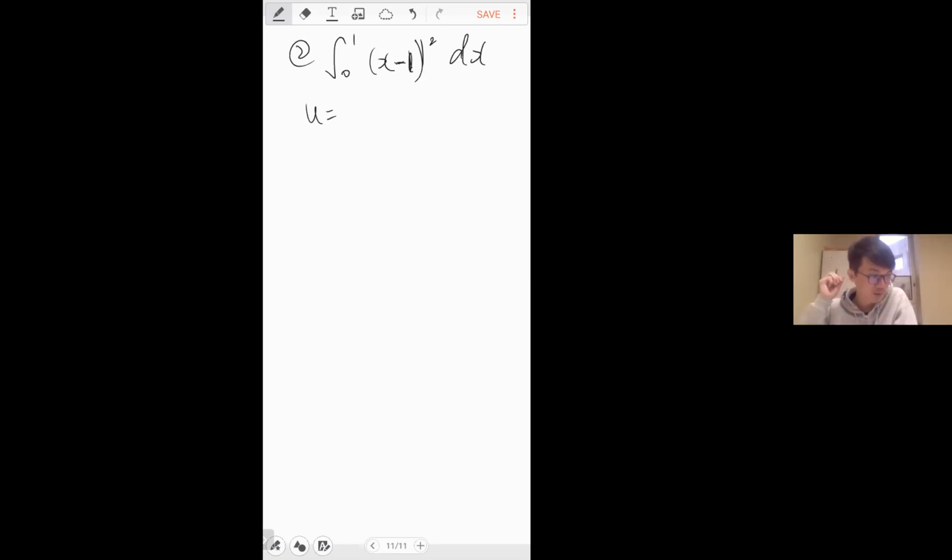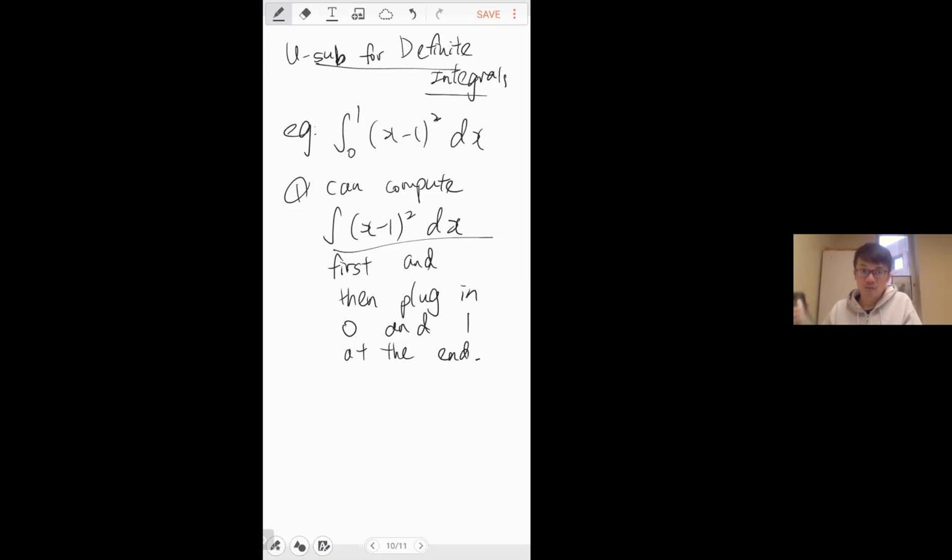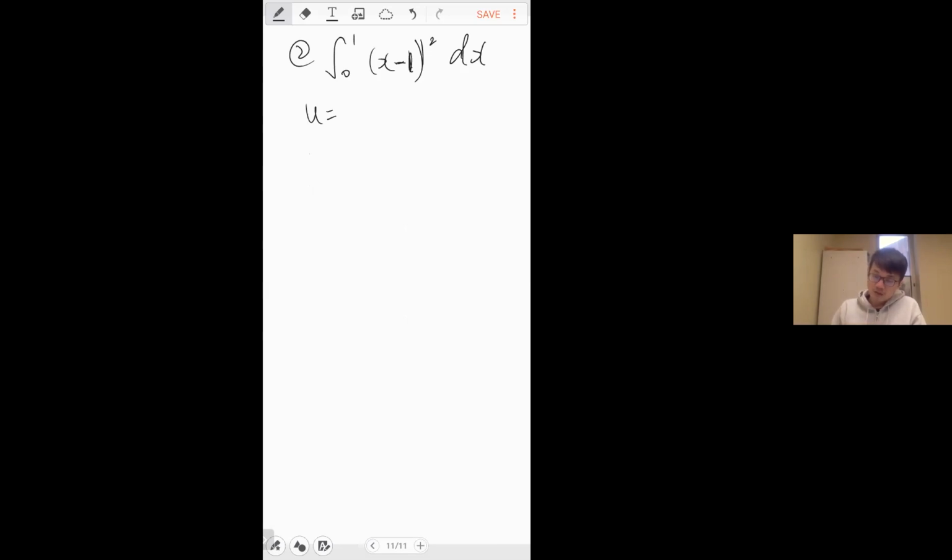So again, what do you think my u function should be? X minus 1.